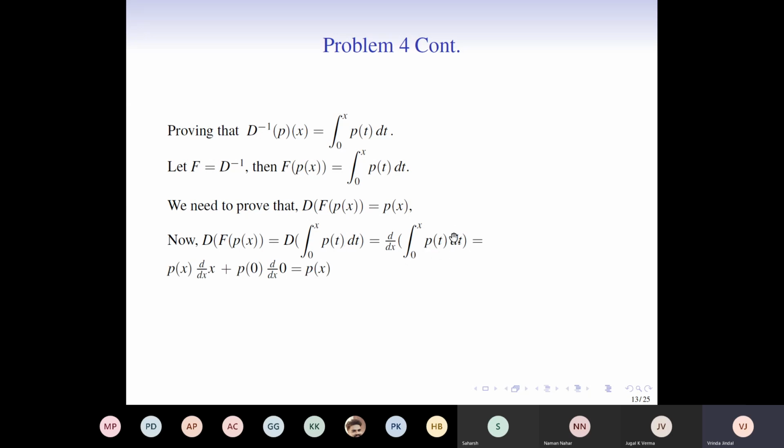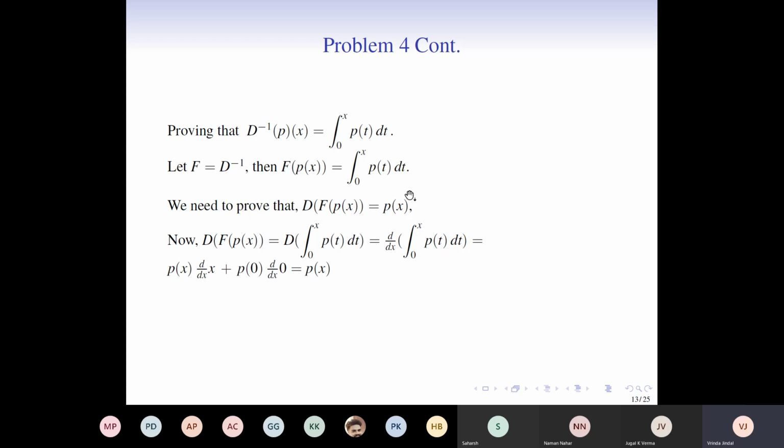Take the function whose integral we are taking, replace it with the upper limit, times the derivative of the upper limit, plus put the lower limit in this function to get p(0), times the derivative of this lower limit. So that is p(x) times d/dx of x plus p(0) times d/dx of 0.